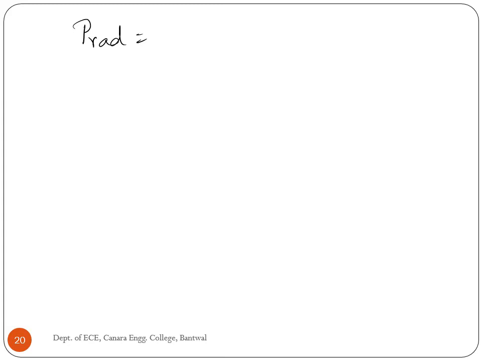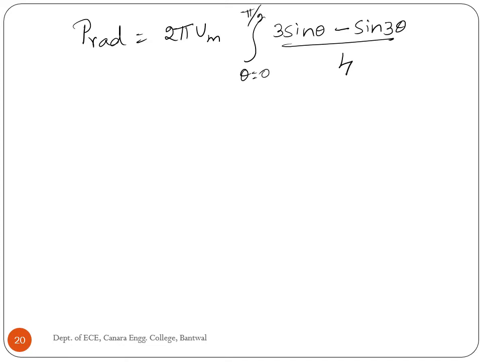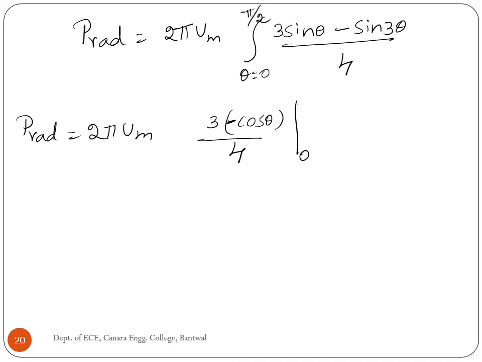When we apply the limit value, we will get 2 pi Um, and sine cube theta is (3 sine theta minus sine 3 theta) divided by 4, theta 0 to pi by 2, which is equal to 2 pi Um and the integration of 3 sine theta, so minus cos theta, 3 into minus cos theta divided by 4, limit 0 to pi by 2, then minus of the integration of sin 3 theta, which is minus cos 3 theta divided by 3 into 4, 0 to pi by 2.